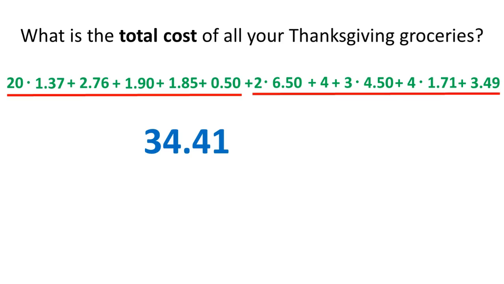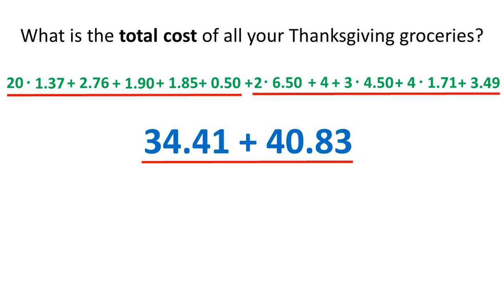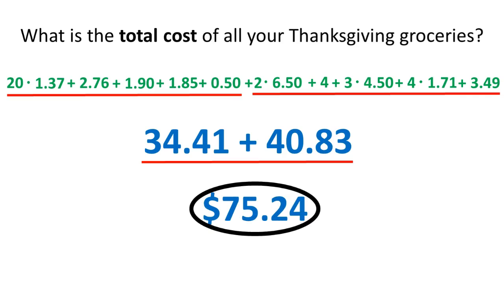We also evaluated all of this to get $40.83. If I add these together, just like I would on tomorrow's assessment, I'm going to get a total of $75.24. This is the cost of the groceries before tax, before any discounts whatsoever.